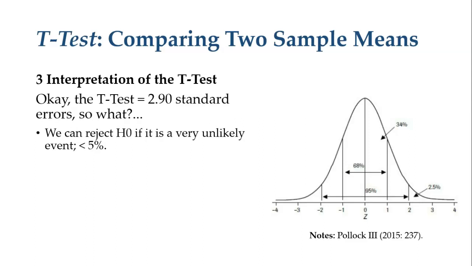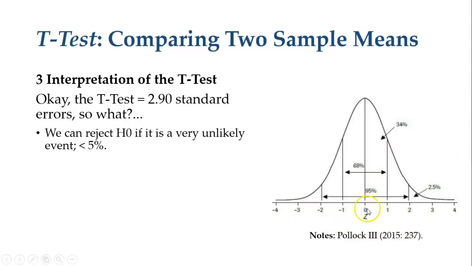Remember that we can reject the null hypothesis if it is a very unlikely event, less than 5%. So remember how to use the normal distribution to make probabilistic inferences about the population. Remember the z-value, just a little bit.